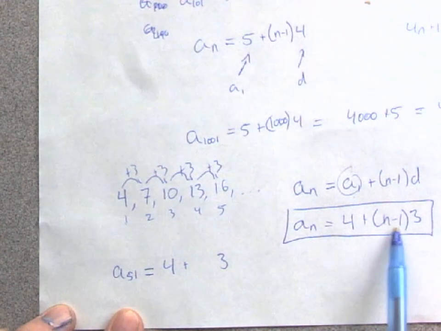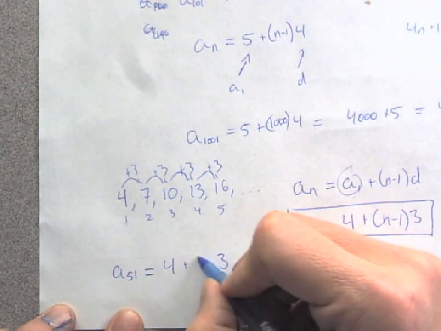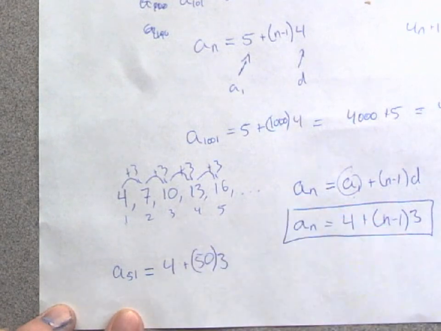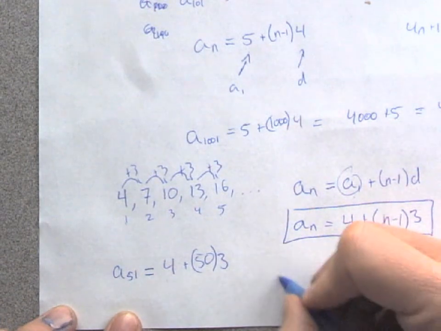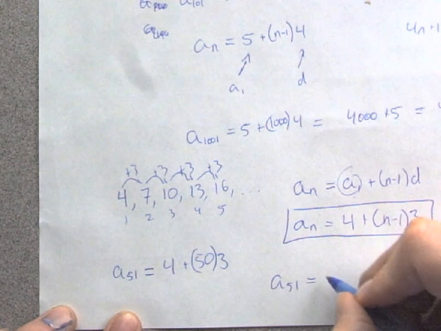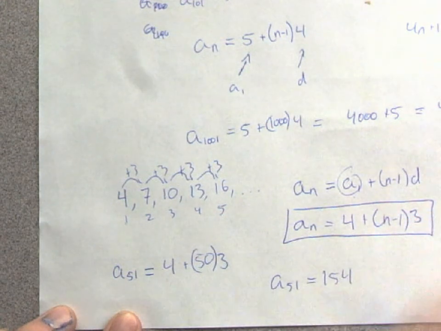So 51 minus 1 is 50. Okay, so now you got 3 times 50, which is 150, plus 4. So this whole thing, A51, is equal to 154.